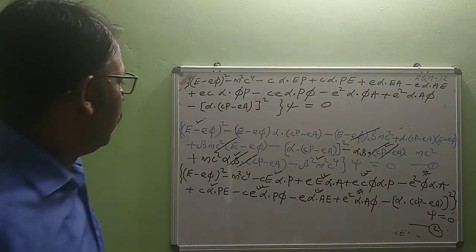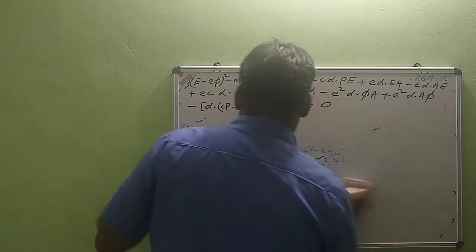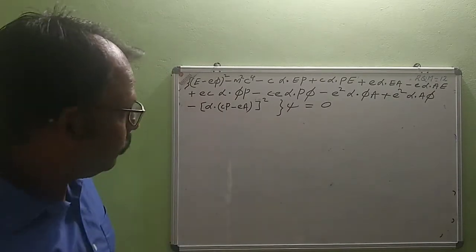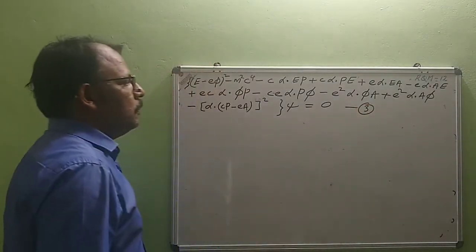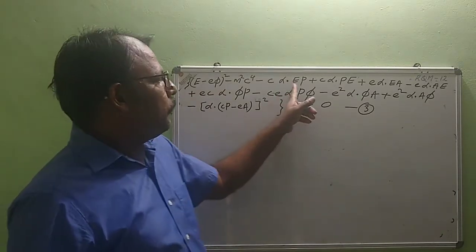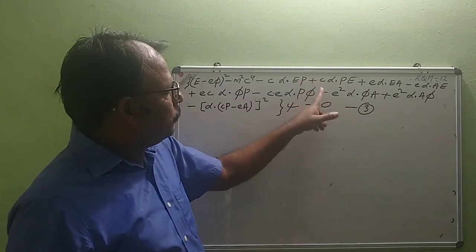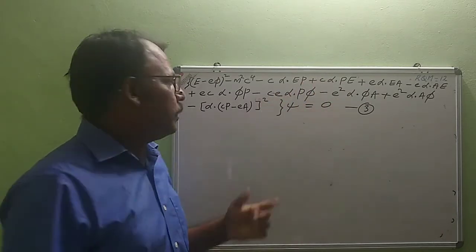Now we can simplify this equation. I am taking this as equation number 3. We know that E is an operator with respect to t and P is an operator with respect to space coordinates. Space and time coordinates are independent coordinates.